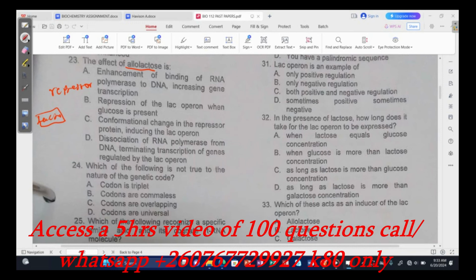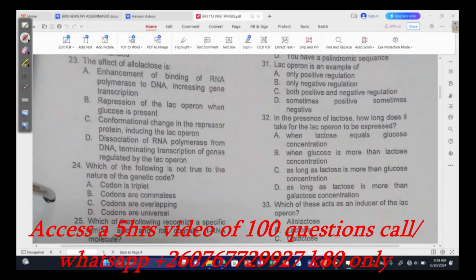This allolactose will go and bind with the repressor which is sitting on the operator. When the allolactose binds with the repressor, it will lose its binding affinity to the operator, thereby moving out of the operator, allowing RNA polymerase now to transcribe the structural genes. So it induces a conformation change in the repressor. That's the function of allolactose.